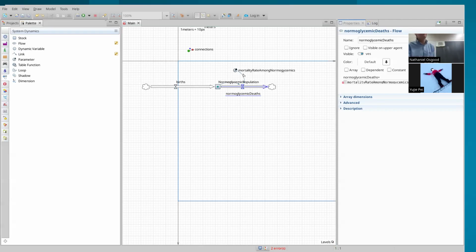Okay, so we have this formula giving how this depends on the stock and the parameter. I want to highlight that we've now built a model whose change at any one point depends on the situation in the model, the state of the model at that time.